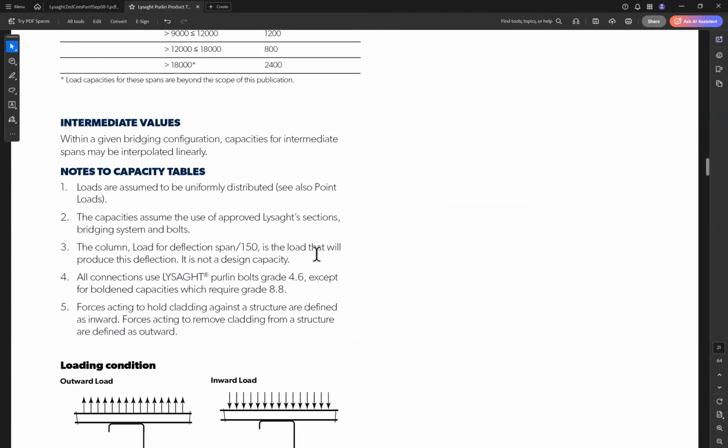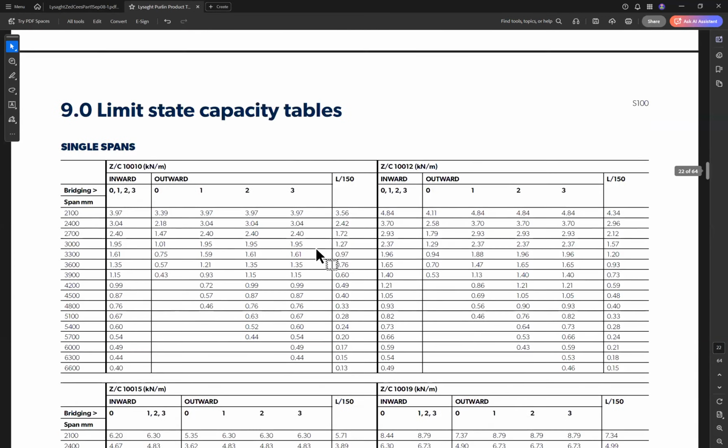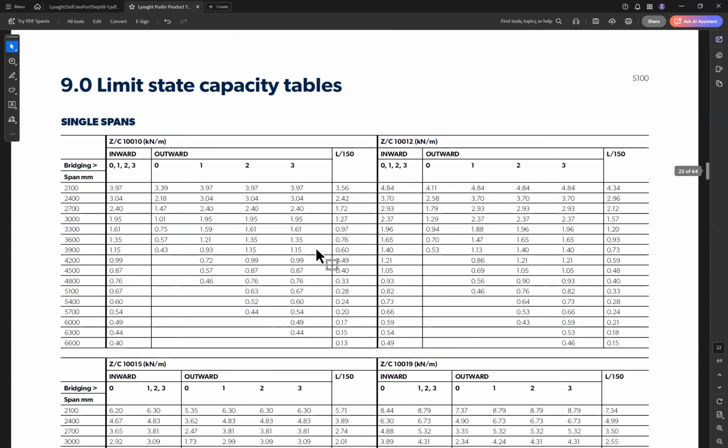The capacity table gives us directly, if you look here, the limit state capacity for the purlins for each section. So for example, this is for section 110.